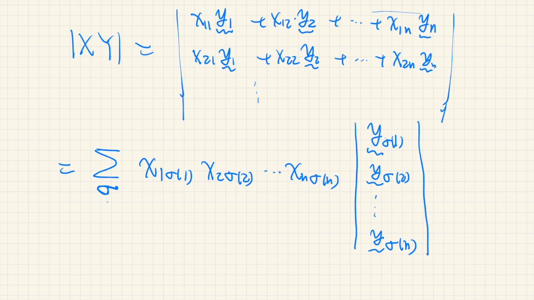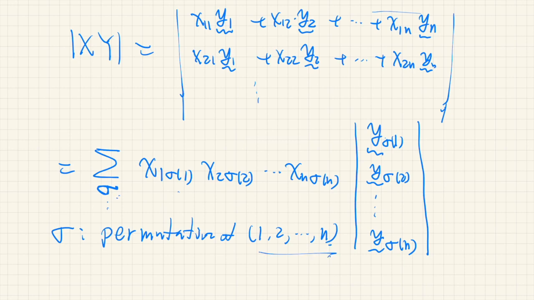Here sigma means a permutation of n numbers, 1, 2, 3, up to n, and the sum is over all possible permutations.